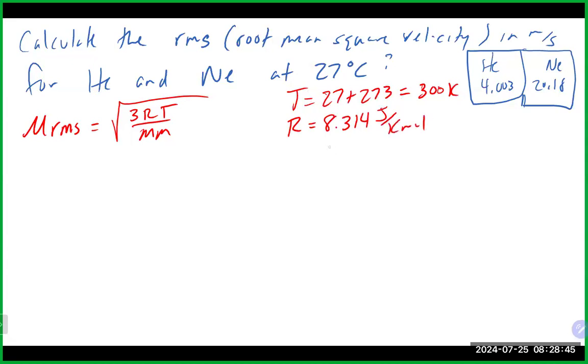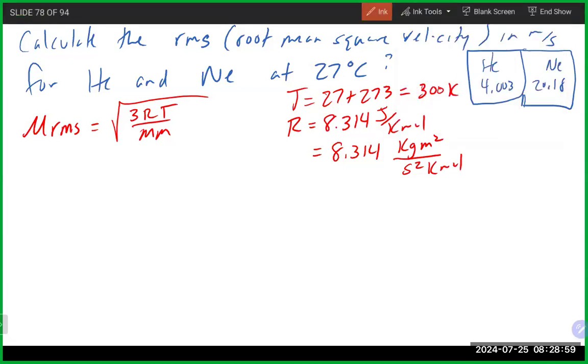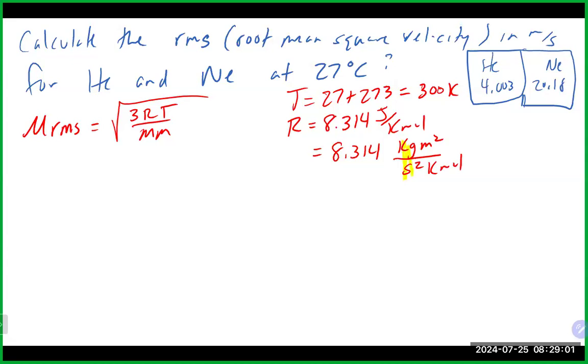Basically it's the same number, which is good. If you get rid of the joules, you'll end up with units that look something like this, with this part of it here being the joule part of it. That's where that comes from.